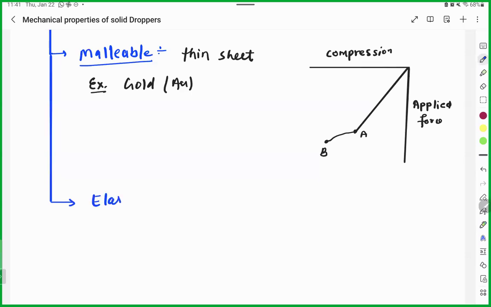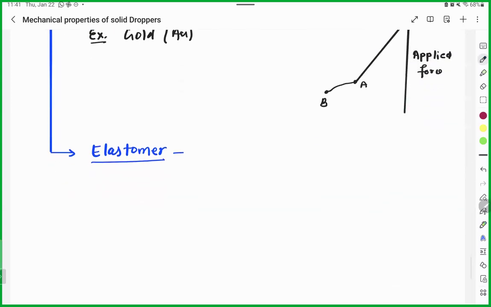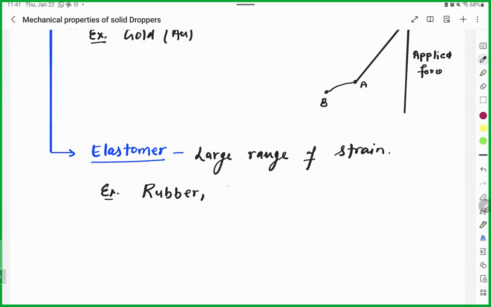Last, elastomer. Jordan, what is elastomer? Bodies which can stretch easily. For example, rubber, they have large plasticity. Yes, large range of strain. You can expand too much. Example, if you take rubber, or any elastic tissue, it can extend easily.